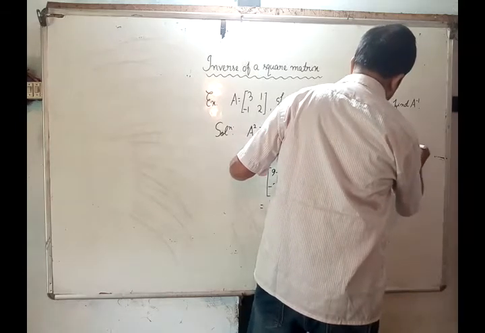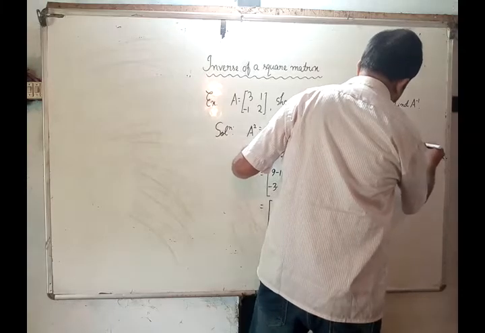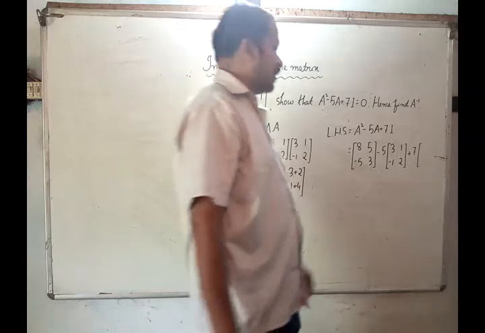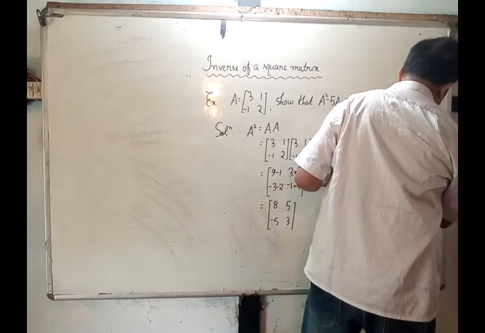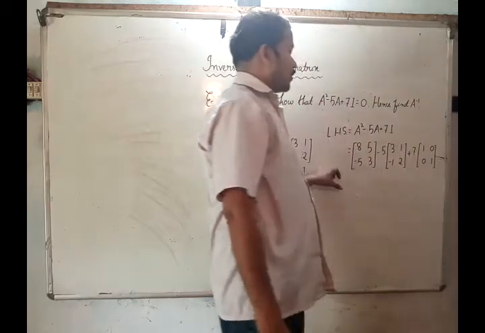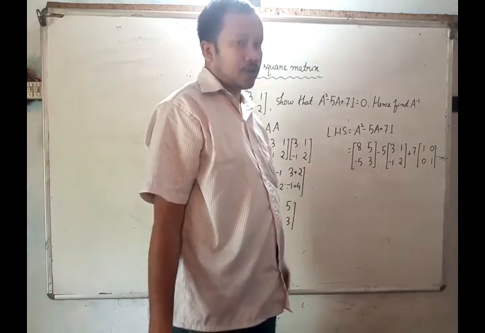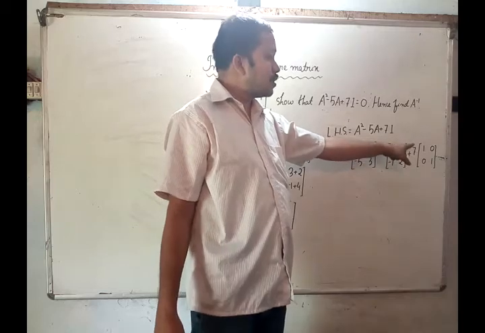Here I is the second order unit matrix, 1, 0, 0, 1. For a third order square matrix, I would be 1, 0, 0, 0, 1, 0, 0, 0, 1.